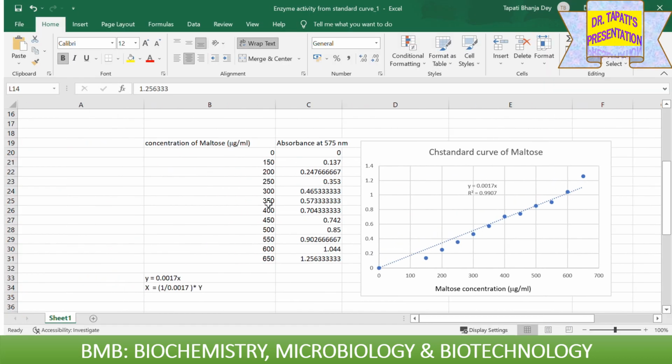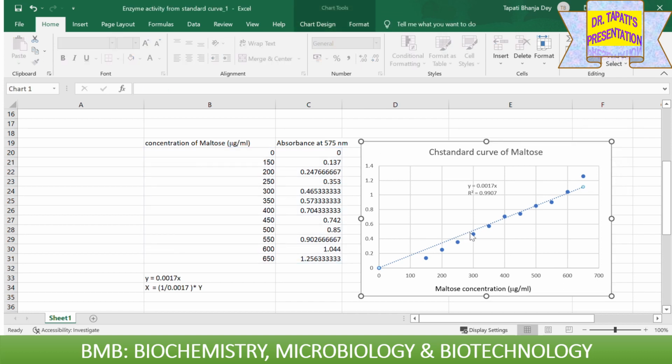If you plot concentration of maltose in microgram per ml on the x-axis, and on the y-axis you plot the average absorbance at 570 nanometer, then we will get this type of straight line. And from this straight line we are getting this equation, which is y is equal to 0.0017x.